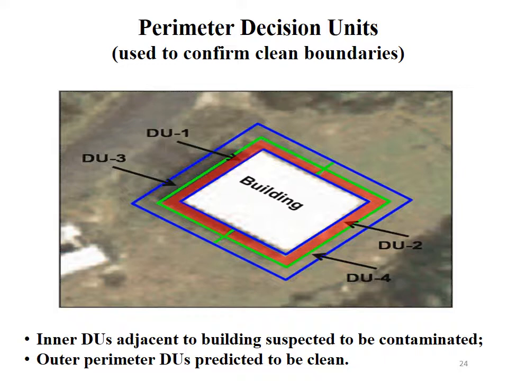Another type of decision unit I've been talking about is the perimeter decision unit. Here's a good example of a perimeter DU around a building. We'll oftentimes target older building footprints or pads here around the edge of the pads where lead paint that used to be used on the building may have sloughed off and fallen to the area outside the building foundation.